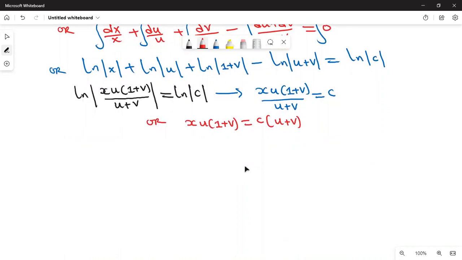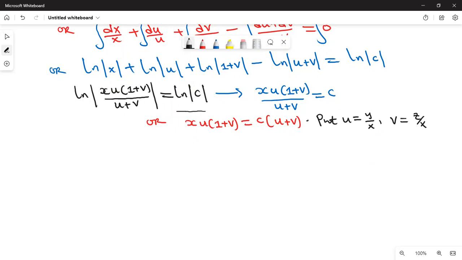We said let y be equal to u times x, so make u the subject. That means u is equals to y over x. So we are going to say put u is equals to y over x. What about v? We said z is equals to v times x. So that means our v will be z over x.